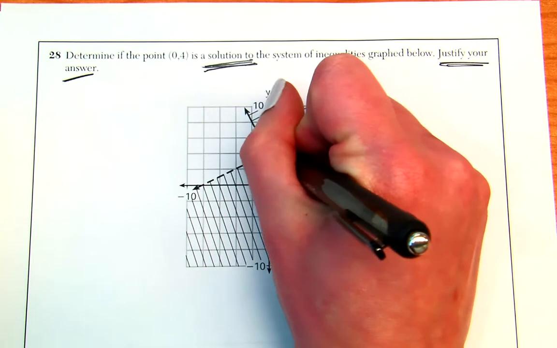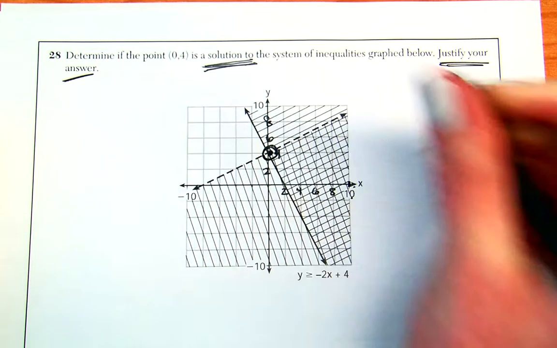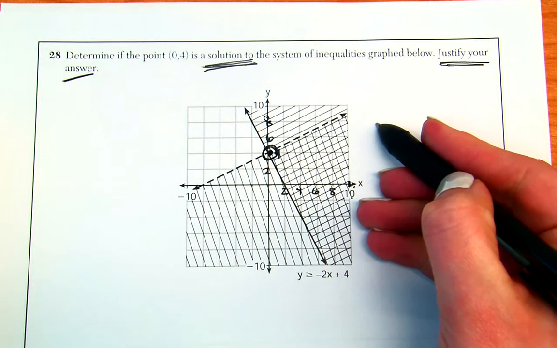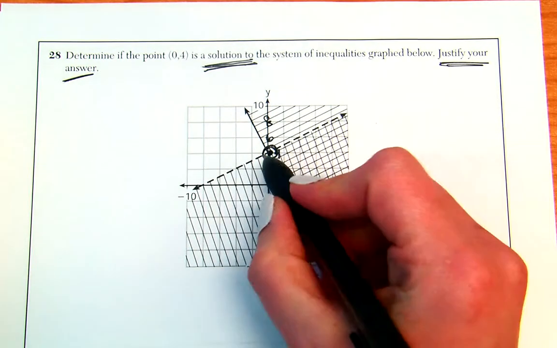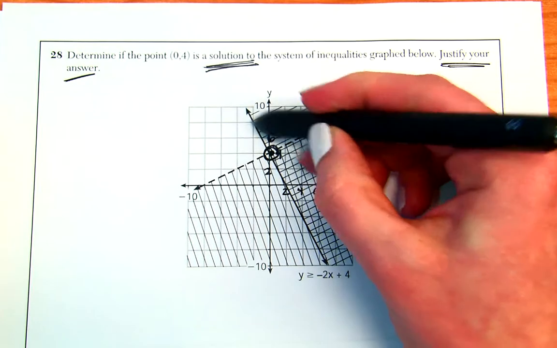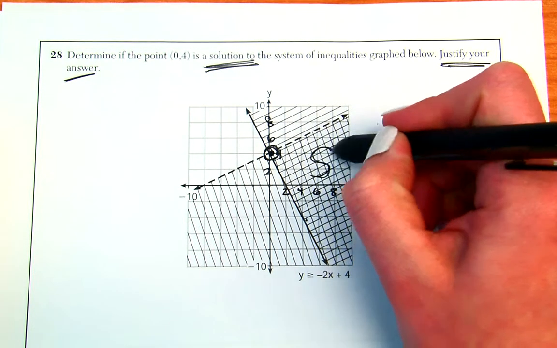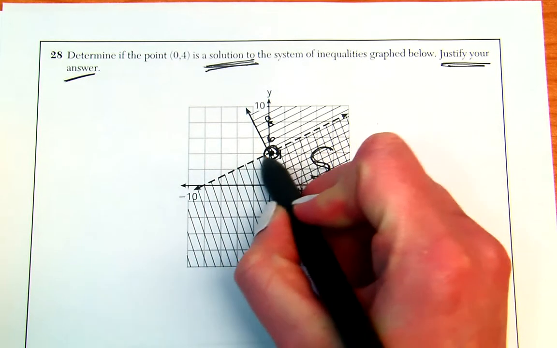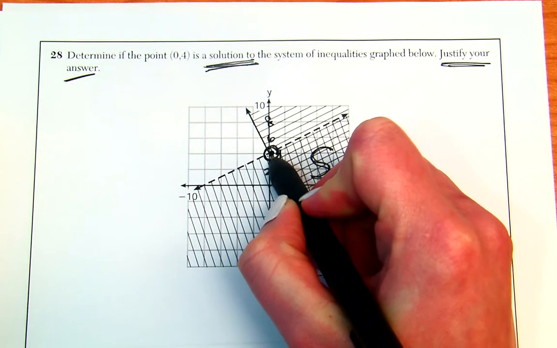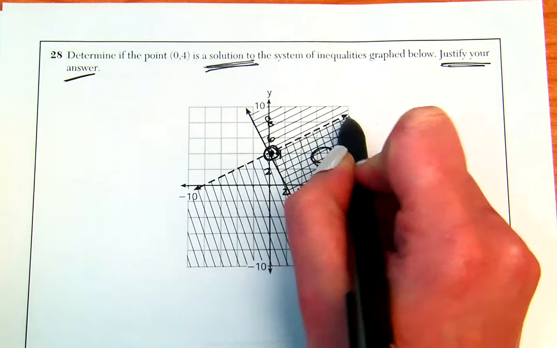Okay, so (0, 4) is this point right here. And is this a solution to the system? The answer is no, this is not a solution to the system, because this point, although it lies on a solid line and near the double shaded area, which is our solution set, it also lies on a dashed line, which means it is not a solution to this inequality right here.